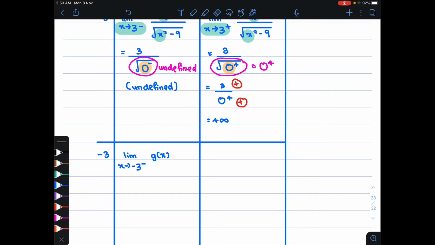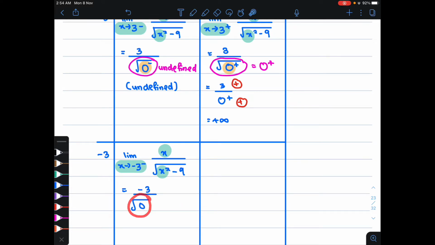Substitute x equal to -3 into g(x). So you'll get -3 over the square root of -3 squared minus 9, and you know that this is actually 0.